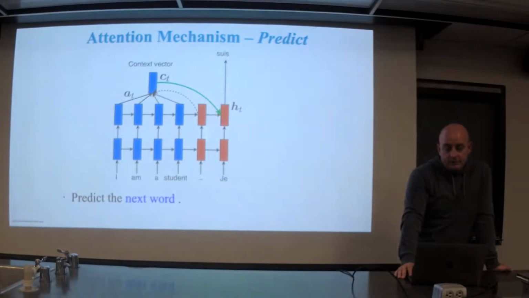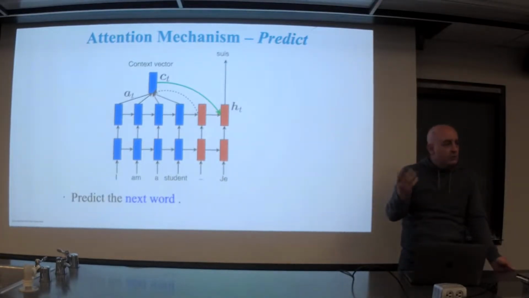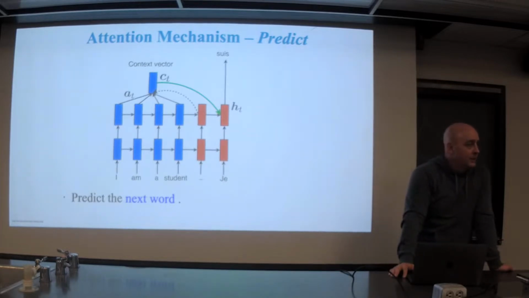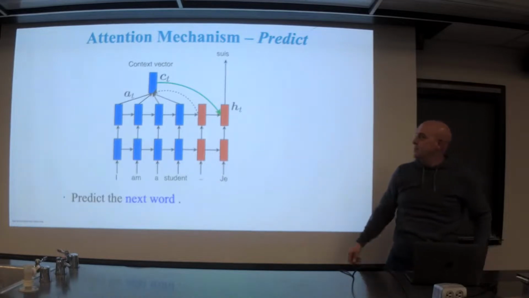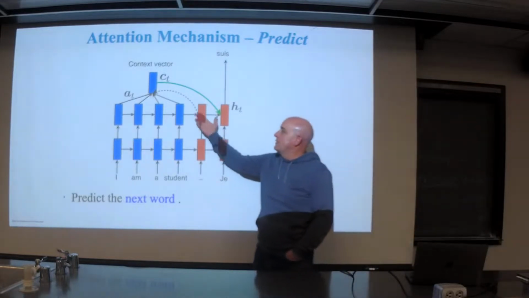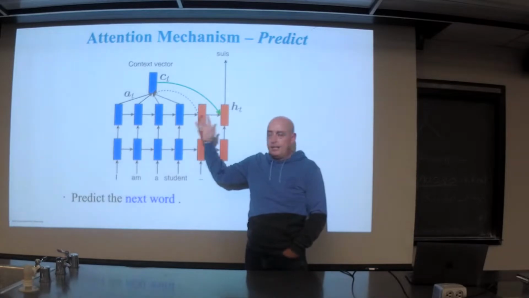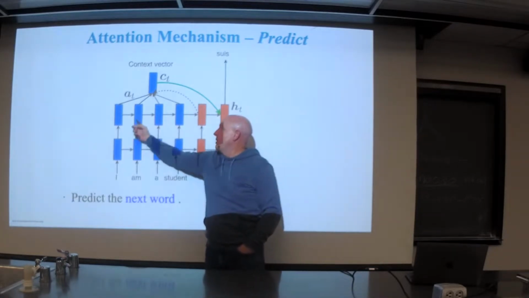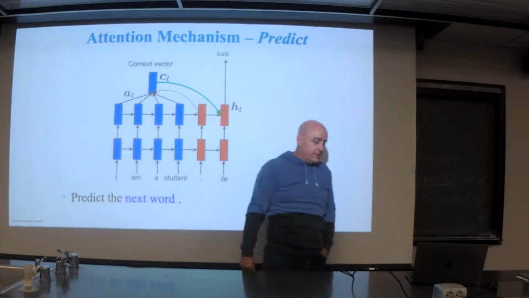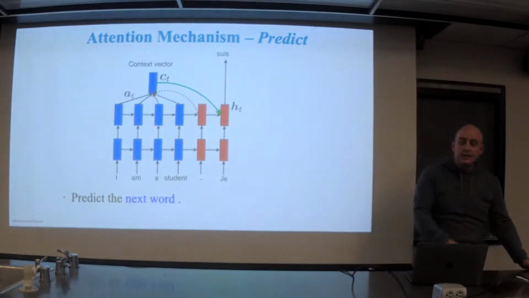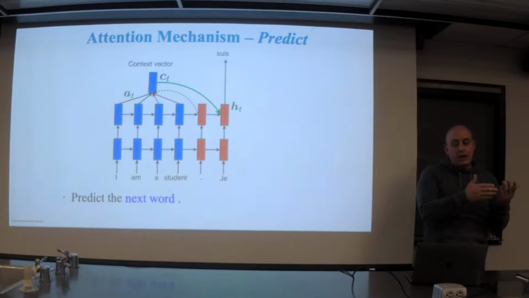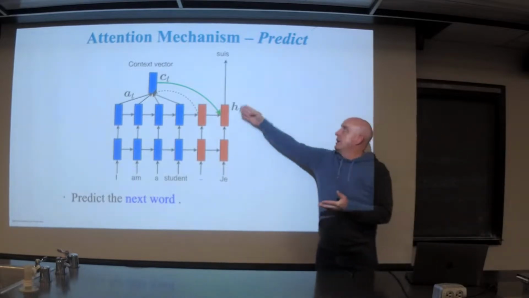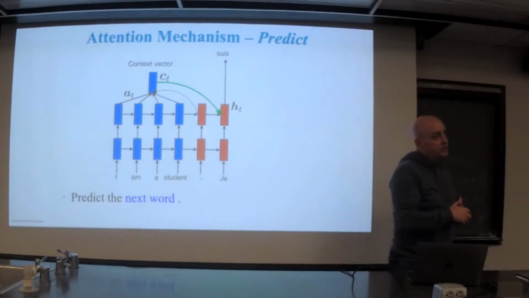So I don't know that it's obvious that this should help at all, but in another way of thinking about it, it kind of has to help, because what this is doing is just adding more information to what we already had, right? It's giving it access to all of these hidden states in the encoder, and allowing, in a learned way, to combine them so that we can do a better job at this objective of getting the right word.